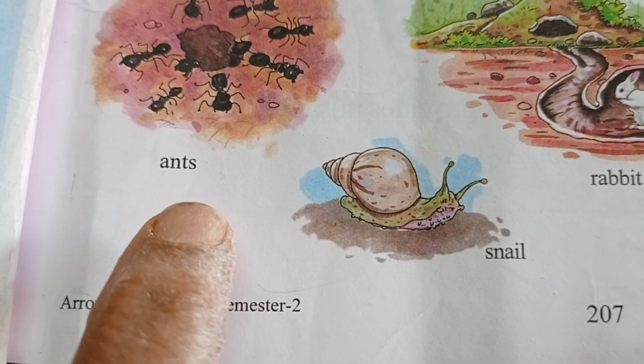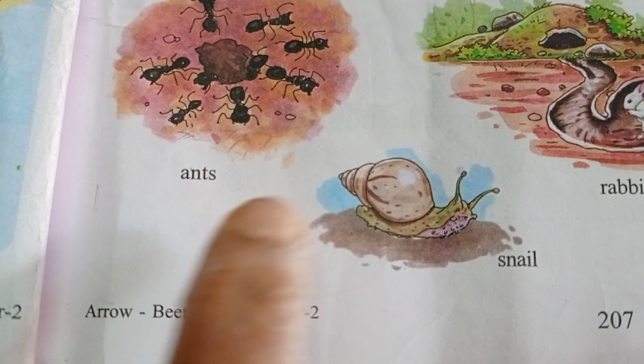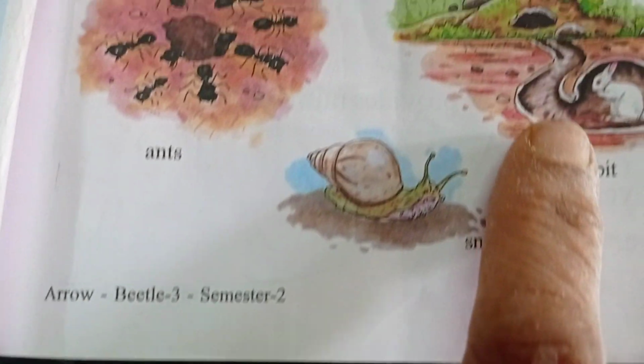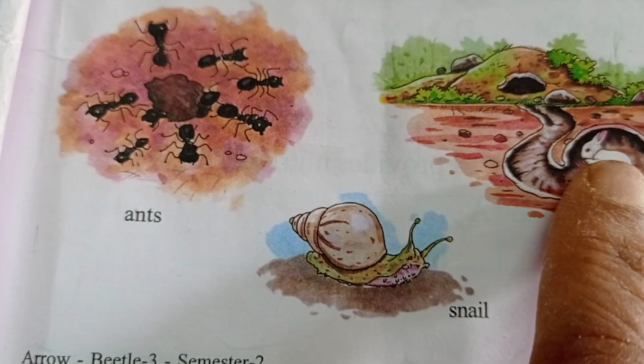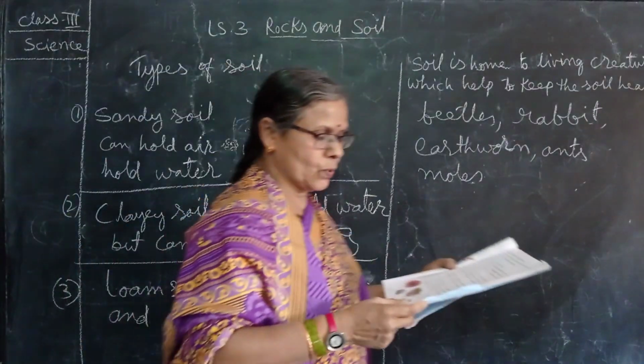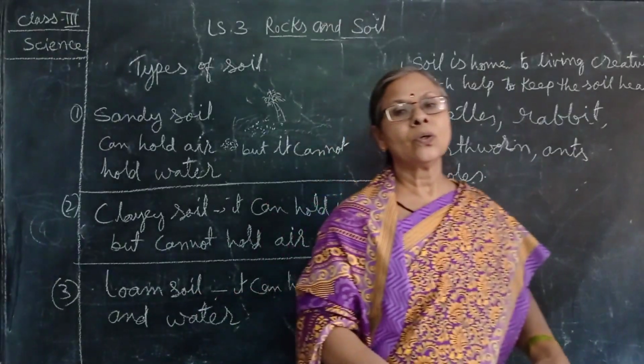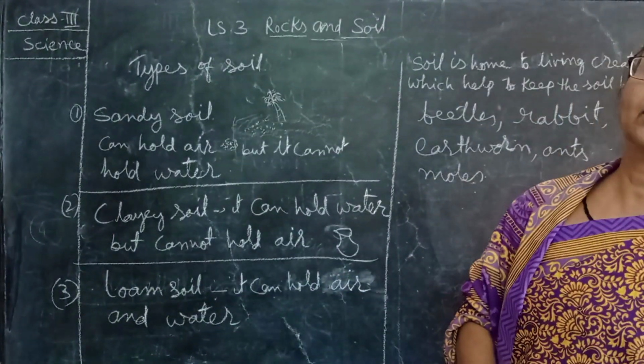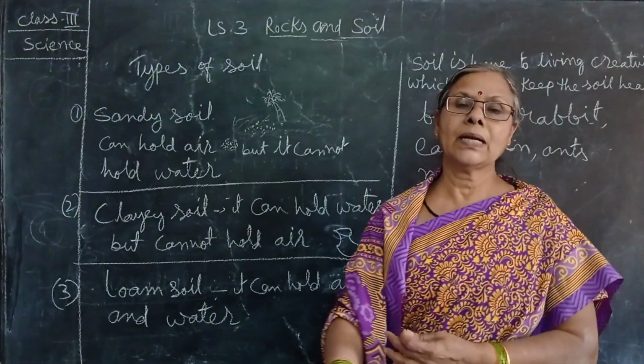These are the most common living creatures in the soil. So without soil, plants would have no place to grow. Soil is the most important thing for the plantations.